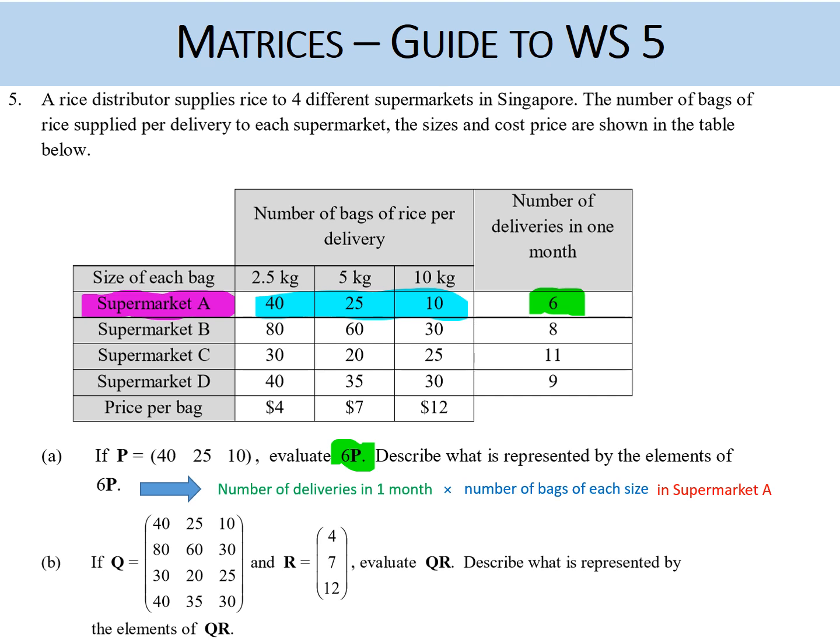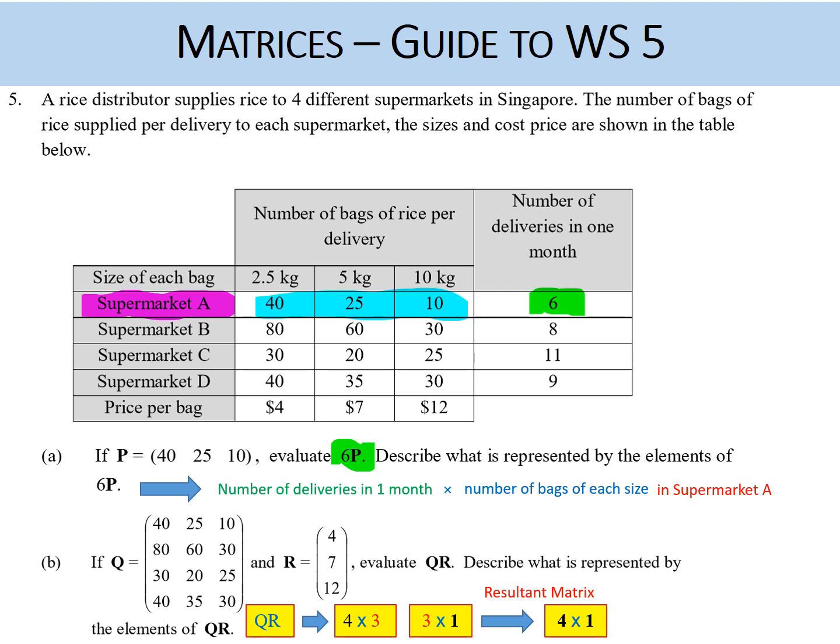When I say QR, I would like you to take a look at the order. Now Q times R, if you see the order of Q is actually a 4 by 3 matrix. Whereas for R, it is a 3 by 1 matrix. So therefore, when you combine these two together, what is the order of the resultant matrix? Yes, it is a 4 by 1 matrix.